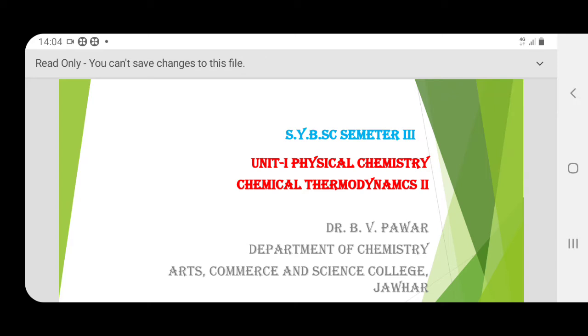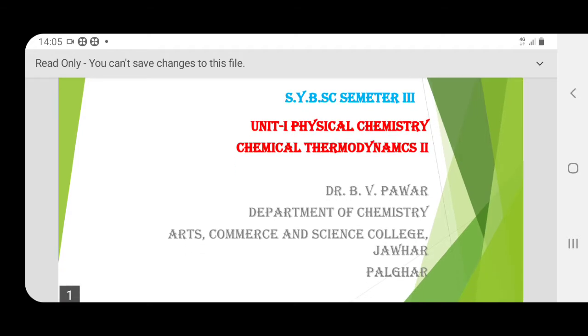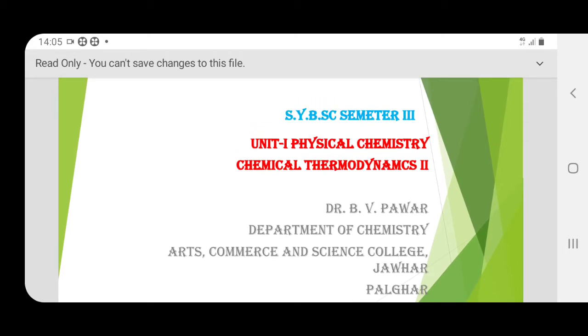Hello students. Since the last couple of lectures we have been studying chemical thermodynamics. So far we saw many equations, like the Gibbs free energy equation, the Helmholtz free energy equations, and the variation of these two equations with pressure and temperature.